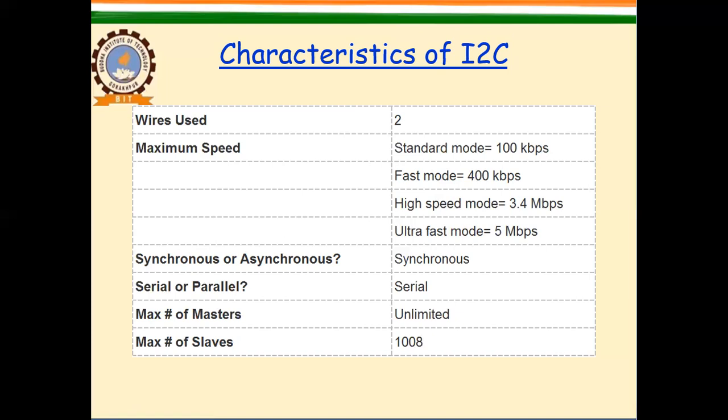Now here it is 1, and the number of slaves is increased drastically, that is 1008. So there are significant differences between I2C and SPI in their physical structure as well as in their working mode also.